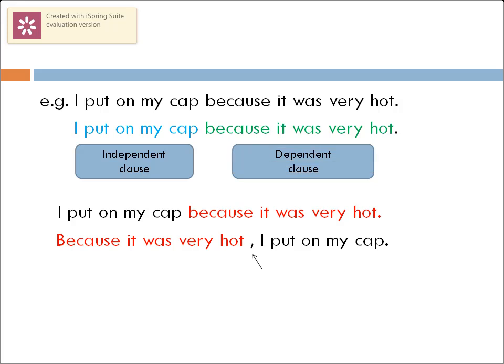You might be observing that the dependent clause always starts with a subordinating conjunction. One more thing to remember is that the dependent clause can come at the beginning of the sentence or it can follow the independent clause in a complex sentence. If we are starting with the dependent clause, then we need to put a comma after that.